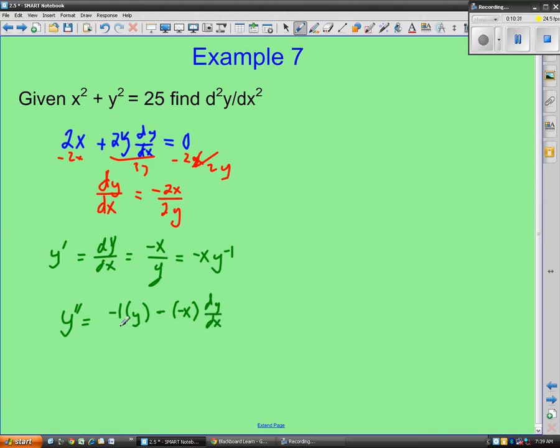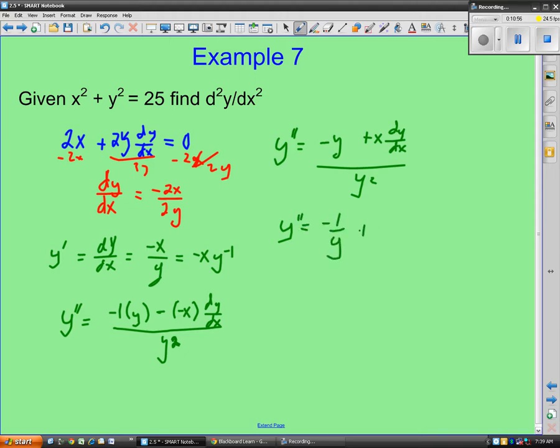And so now I get to simplify this a little bit. Y double prime is -y plus x dy/dx all over y squared. Now I could write this as y double prime is -1 over y plus x over y squared dy/dx.